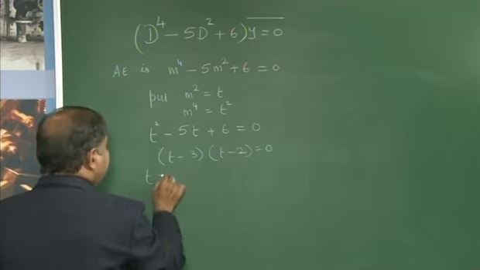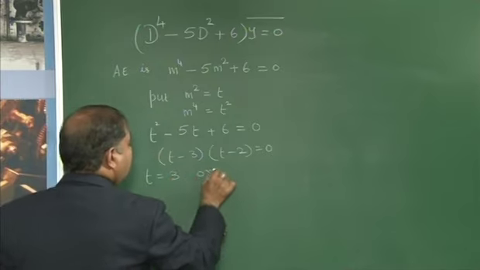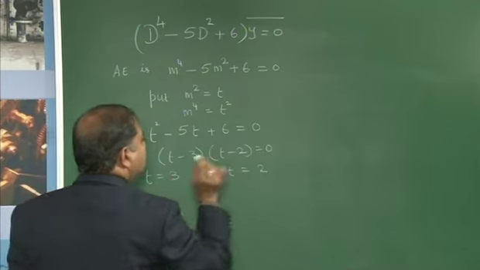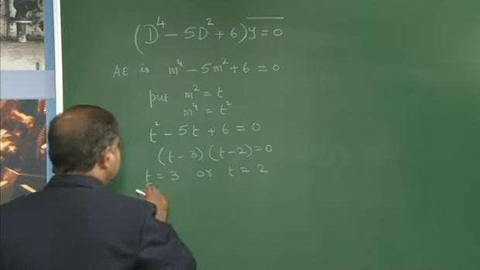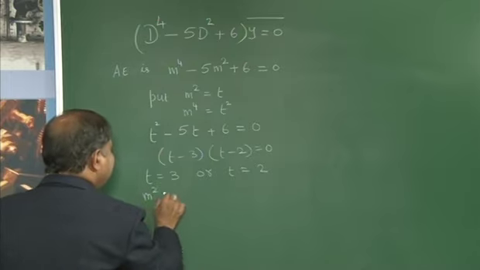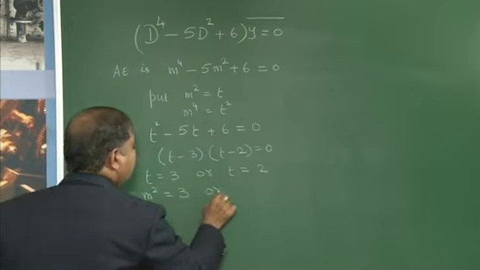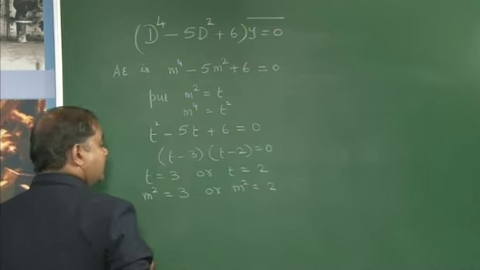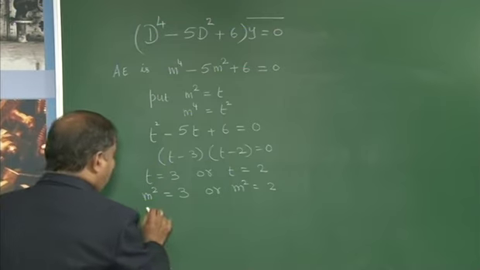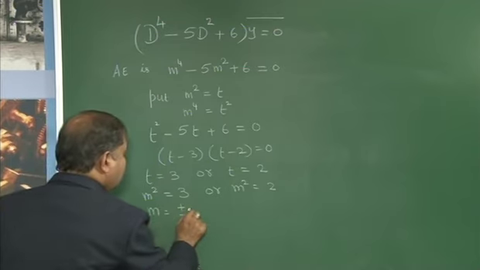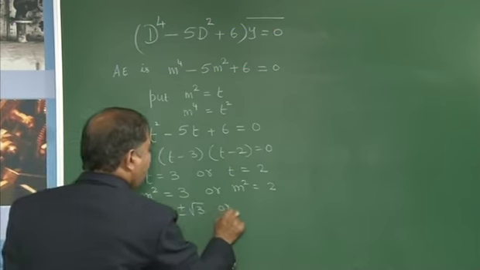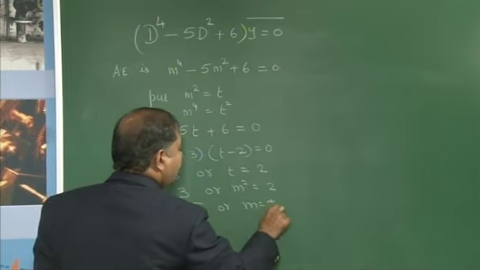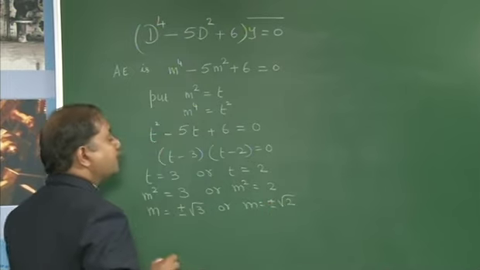I will get t is equal to 3 or t is equal to 2. What is meant by t? It is m squared. So m squared is equal to 3, m squared is equal to 2. Now m is plus or minus root 3 or plus or minus root 2.